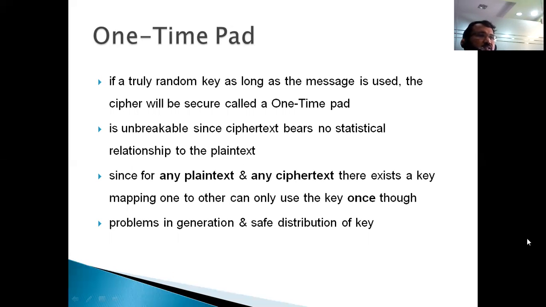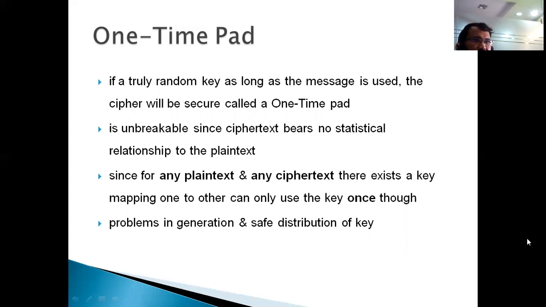So that is the advantage of your polyalphabetic cipher. The next concept we are having is the one-time pad. The one-time pad uses a truly random key generator, so we are going to substitute based upon random numbers. We generate a key as long as the message, and the cipher is secure, called the one-time pad.